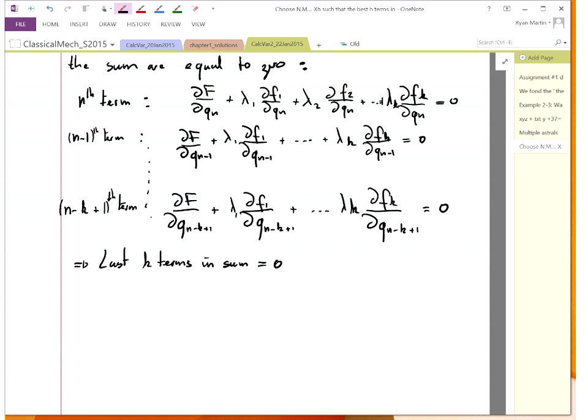So let me rewrite the sum now without the last k terms, since the last k terms are all 0.